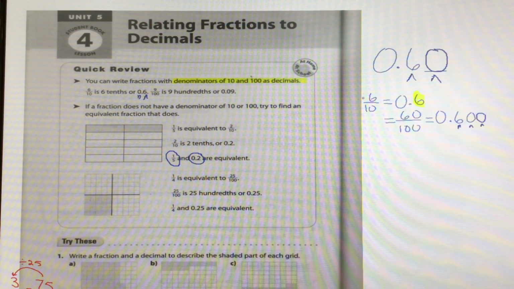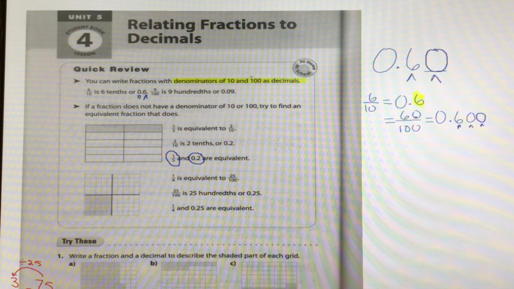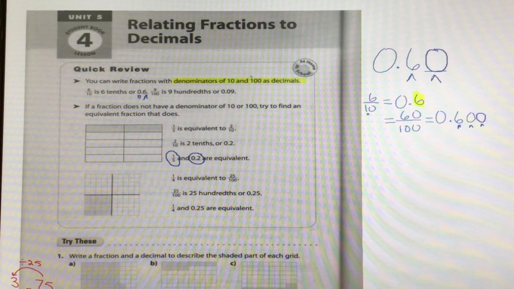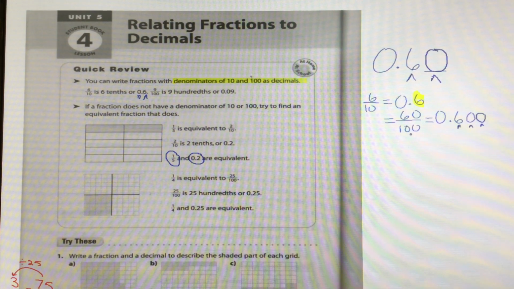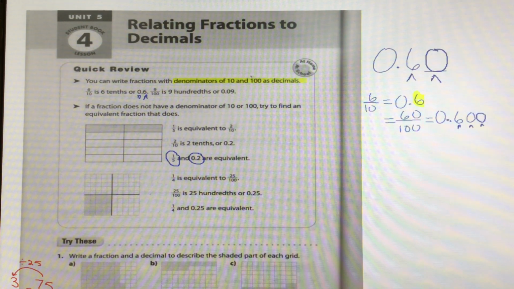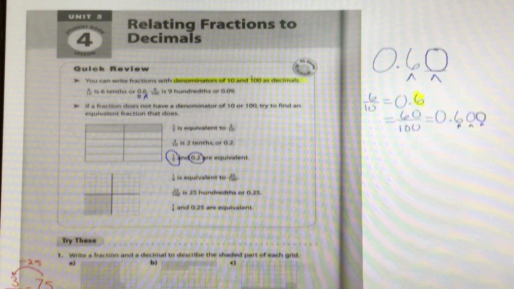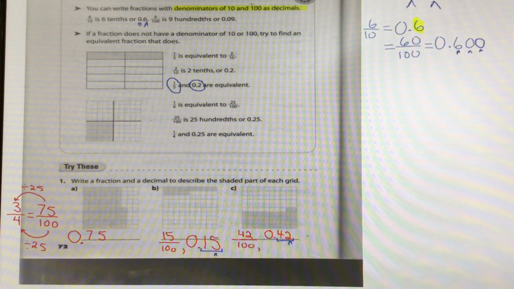So 6/10 is equivalent to 60 hundredths, which is equivalent to 600 thousandths. All we do is multiply 10 by 10 to get 100, and 100 by 10 to get 1,000. So let's see what that looks like as we move down here. I'm going to make that slightly larger.